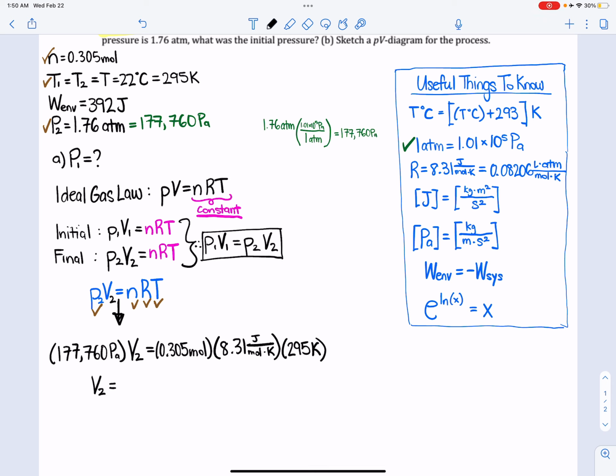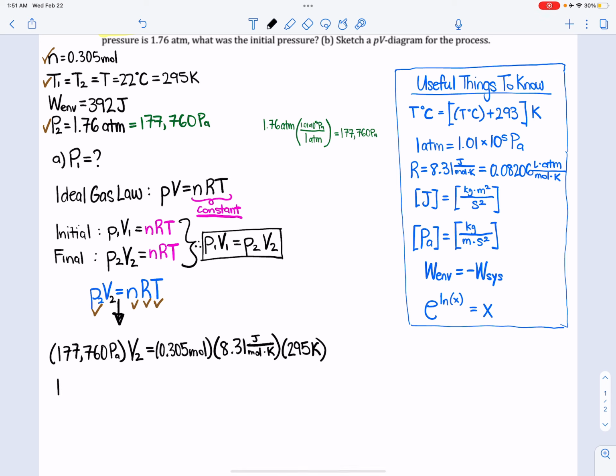Actually before I do that, I'm going to use these two knowns to convert my units from joules and pascals to their equivalents.